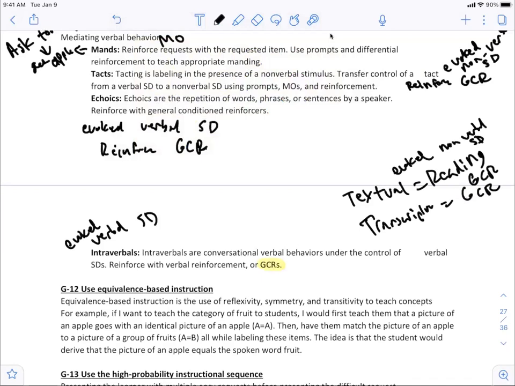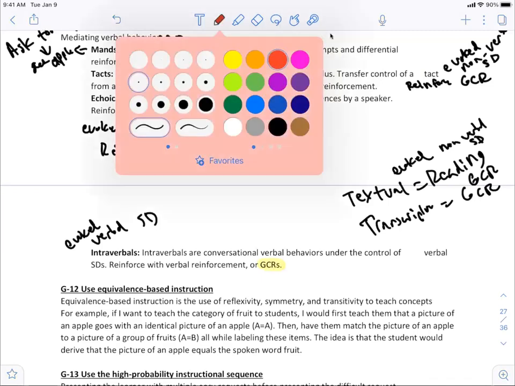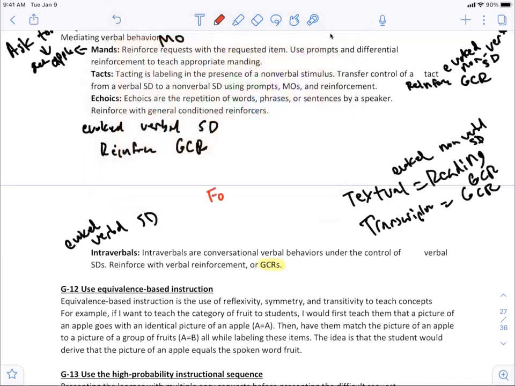Textual, transcription, echoics, mands, interverbals, we need to know what? We need to know formal similarity, point-to-point correspondence. All right. Formal similarity, does it look the same?